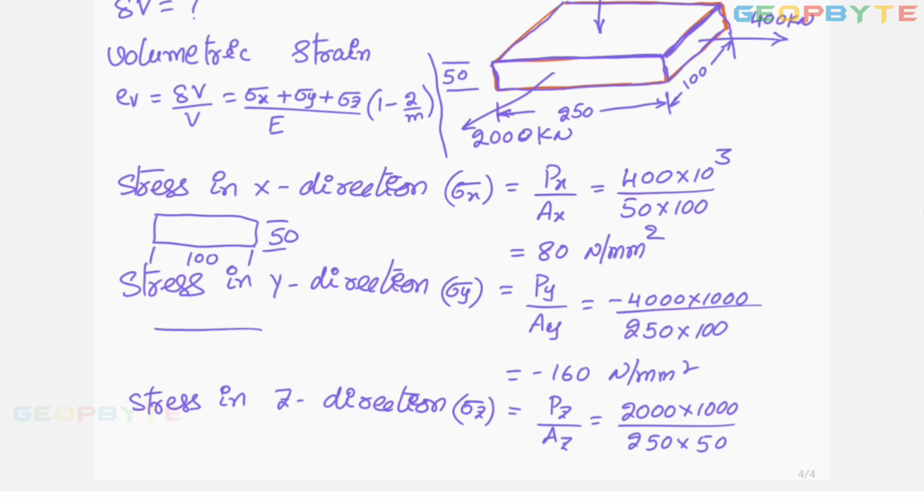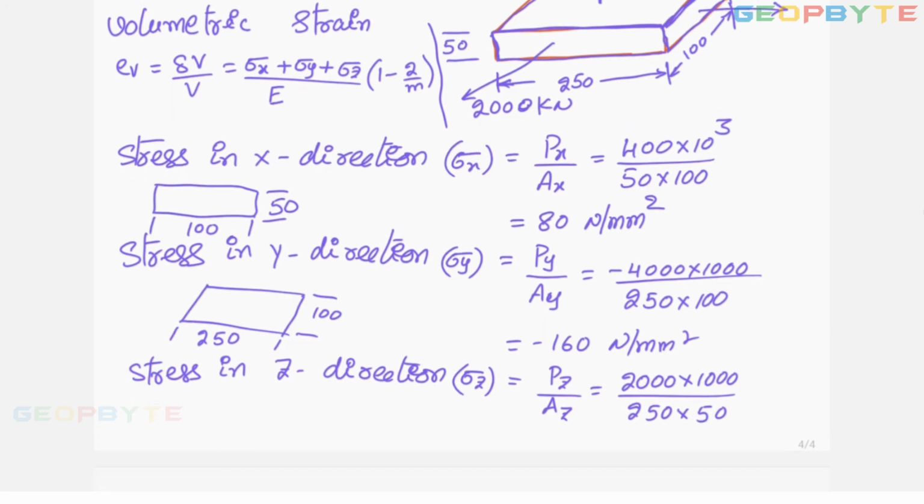Area for y direction is 100 by 250. Area for the z direction is 250 by 50.